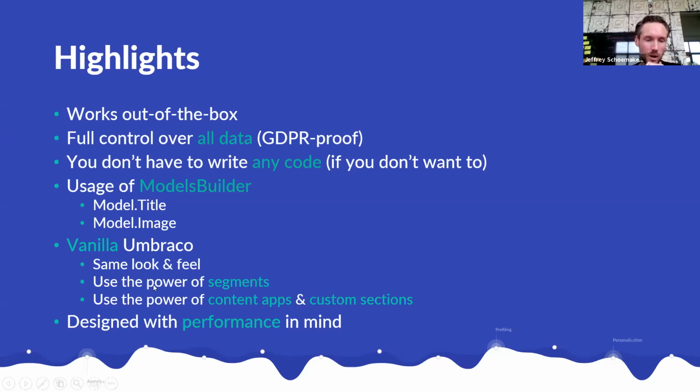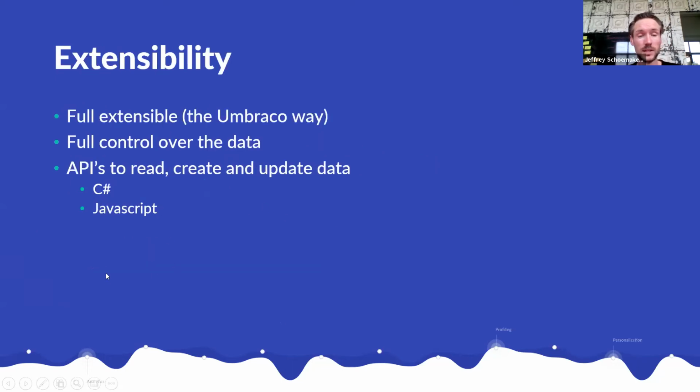And it's vanilla Umbraco. That's the same look and feel. We're using everything that's in Umbraco, like custom sections and content apps, but also segments. And really important, it's designed with performance in mind. So it stays performing also if it scales to a lot of visitors or a lot of segments or a lot of nodes. It's fully extensible in the Umbraco way.